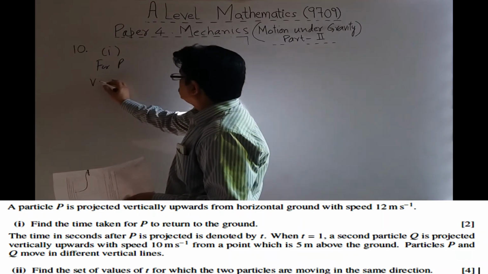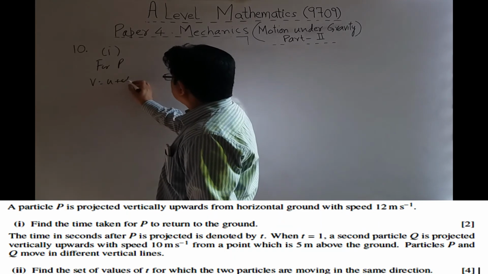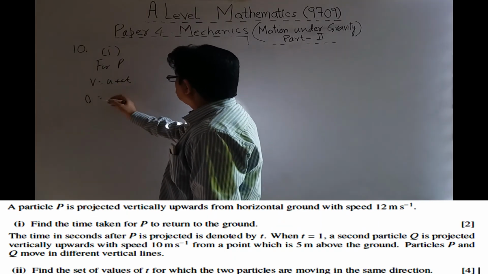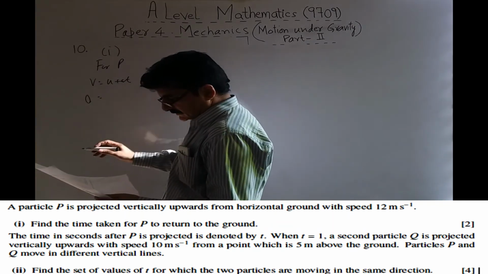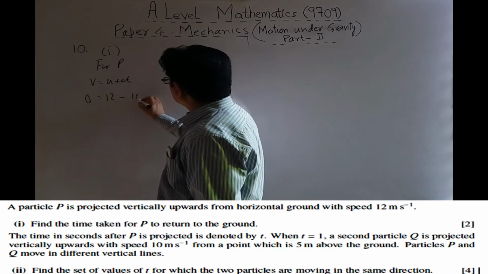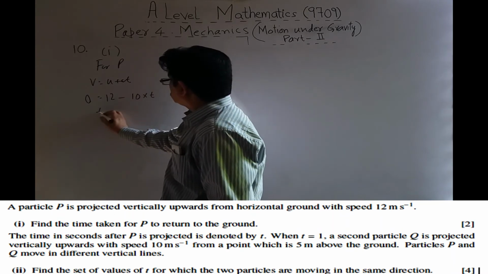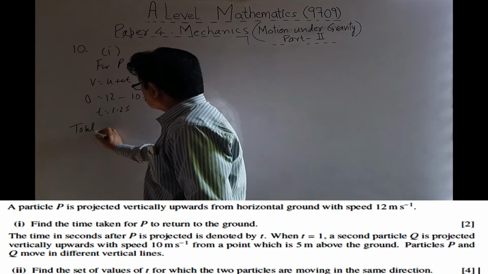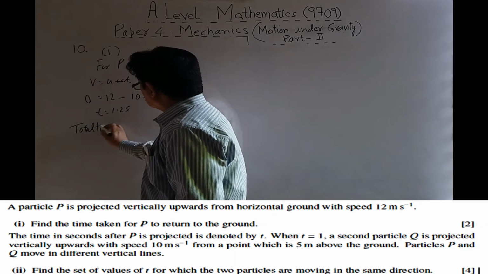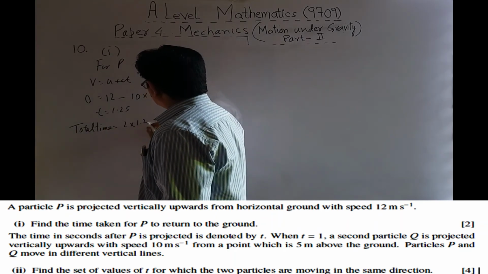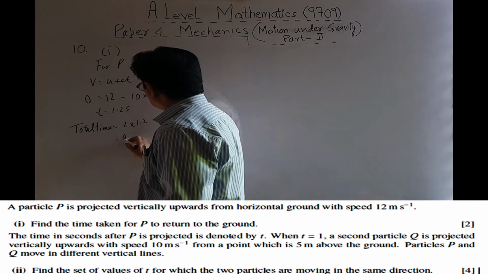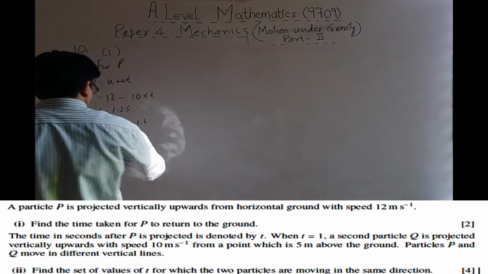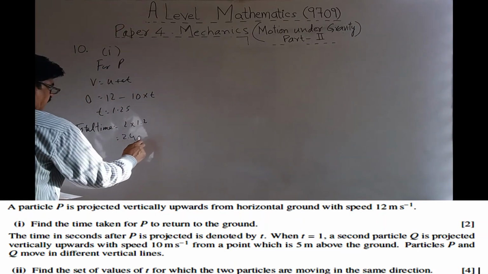For P we have v = u + at. At the highest point v is 0, and the initial velocity of P is 12, acceleration is minus 10, into t. So t is equal to 1.2 seconds. Total time is 2 into 1.2, which is 2.4 seconds.